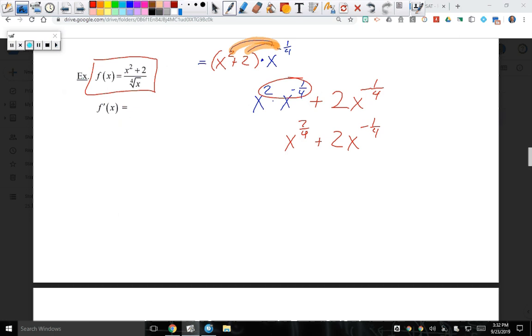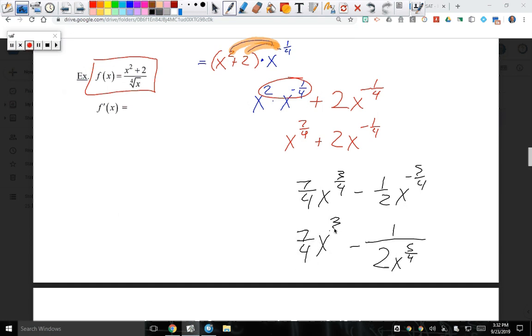You with me? So now you could do power rule. It would be 7/4 x to the 3/4 minus 2/4, which is 1/2 x to the negative 5/4, which then you could write as 1 over 2 x to the positive 5/4, because we're not allowed to have negative powers, and we would get this as a final answer.